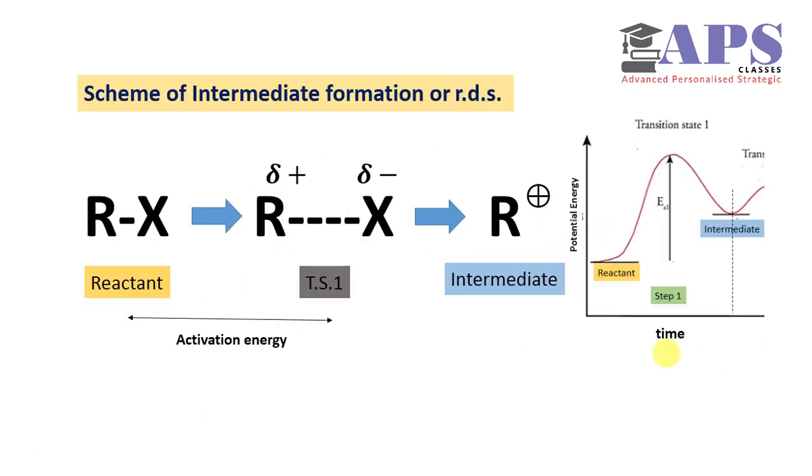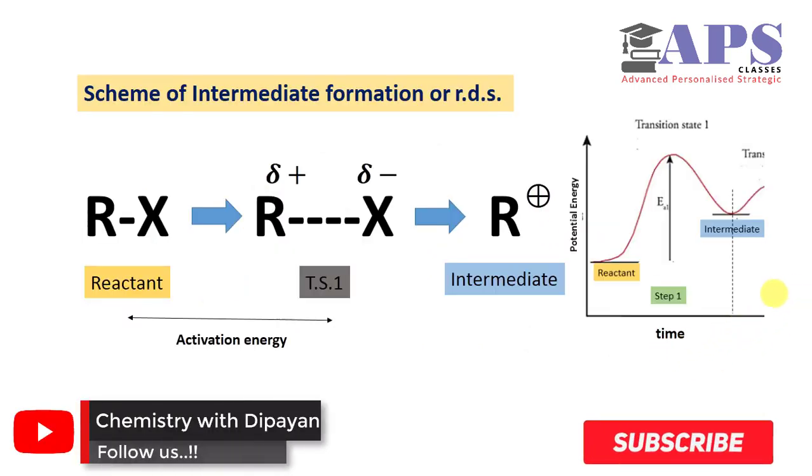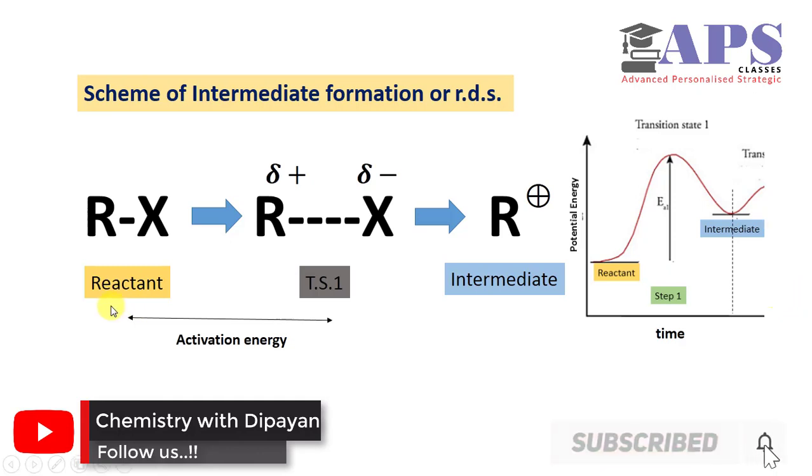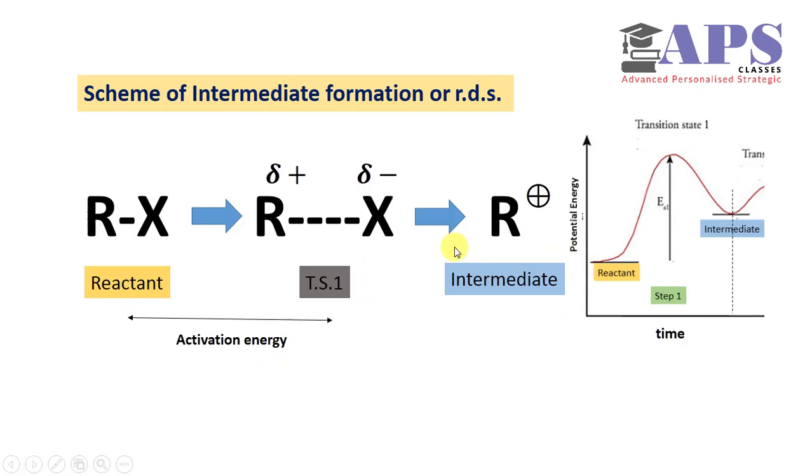So here we have taken step 1 of SN1 reaction only. This is the reactant, transition state and intermediate carbocation. As we move from left to right, we can see an increase in polarity. R-X is a polar covalent bond. From this, if we see the transition state, here we have delta positive charge and delta negative charge.